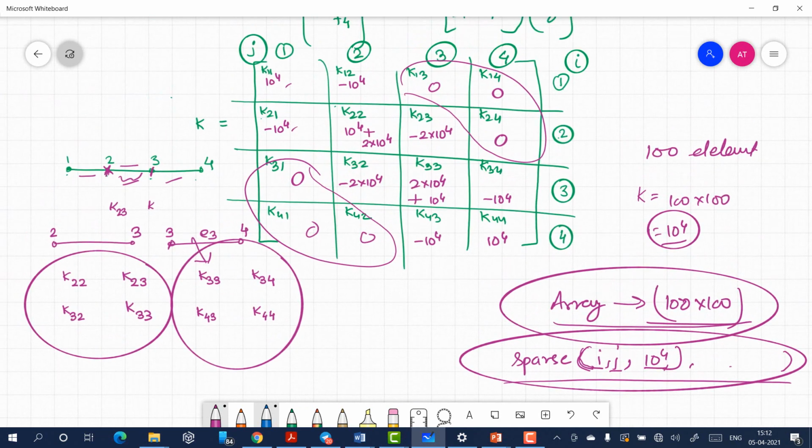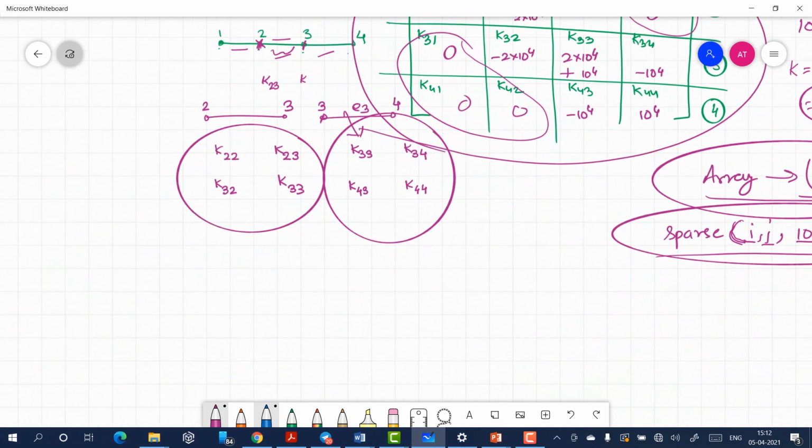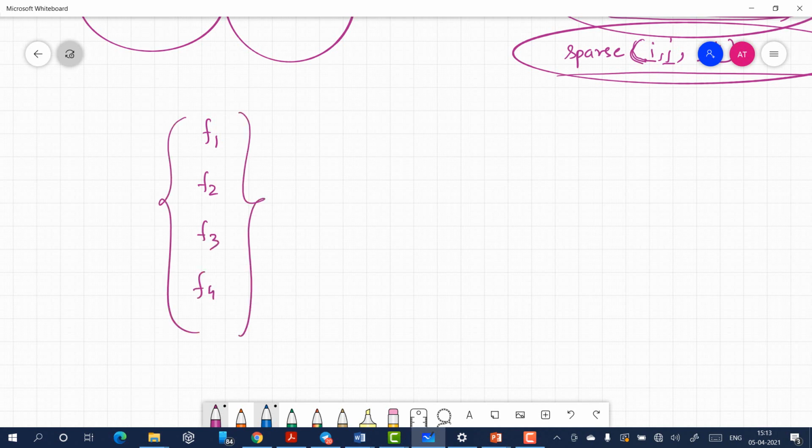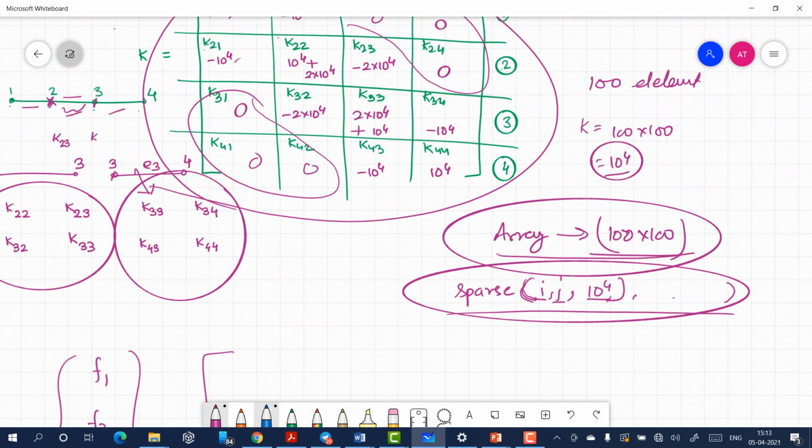Now we have assembled the whole stiffness matrix, and let us bring this stiffness matrix to find out the real solution. So now we have forces F1, F2, F3, F4. And this is equal to the stiffness matrix which we have created. And what is that stiffness matrix?